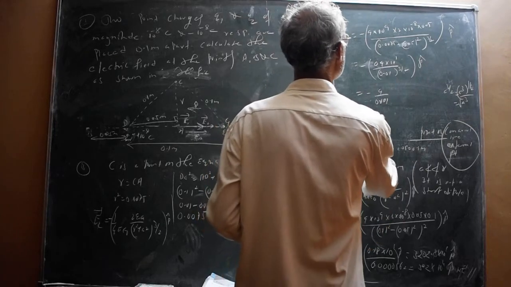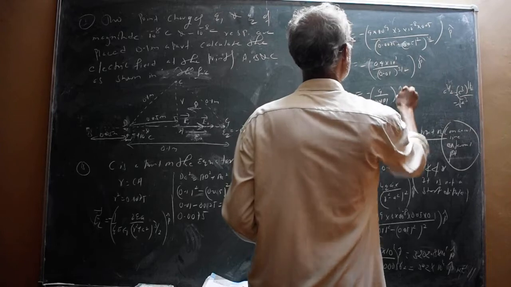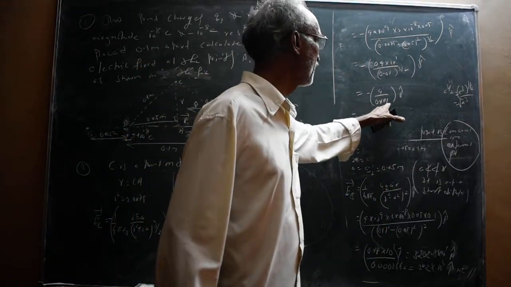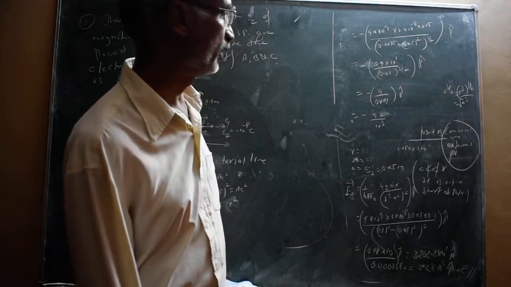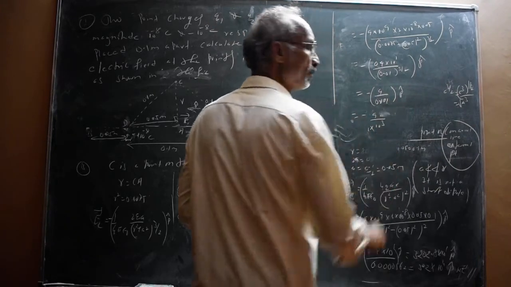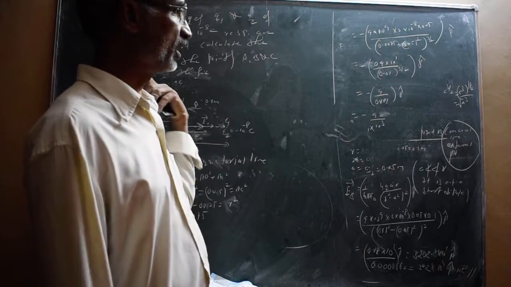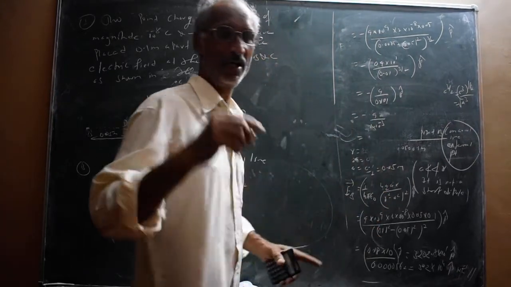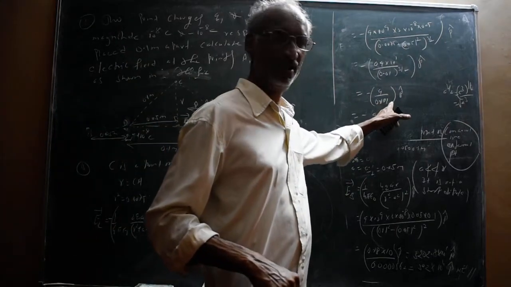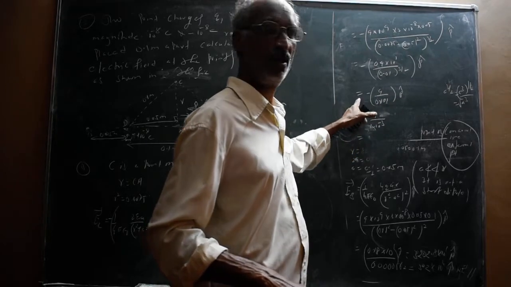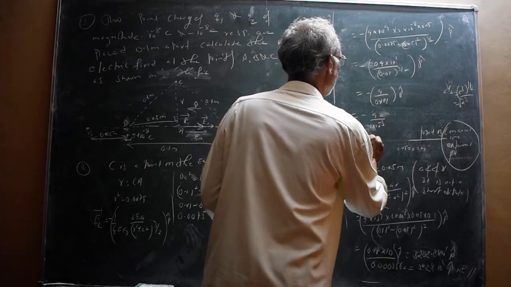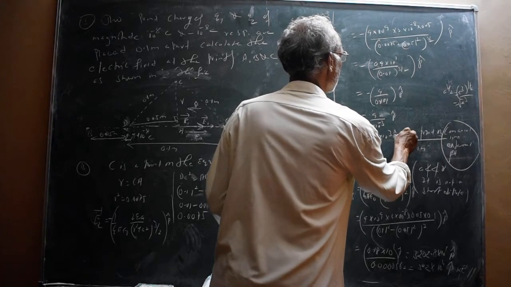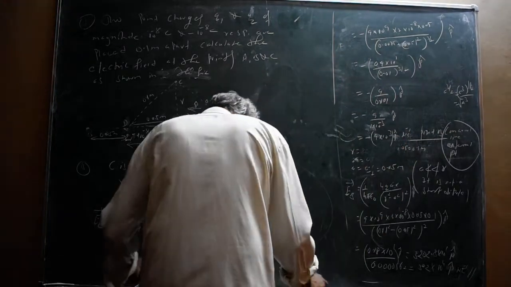Then 9 upon 0.001 is minus into P cap. 0.001 is the point shifted 3 places right, so it is 1 into 10 to the power of 3. If the point is shifted right, plus power is taken; if shifted left, minus. Therefore the answer is minus 9 into 10 to the power of 3 P cap newtons per coulomb. Okay, answer is correct: 9 into 10 to the power of 3.